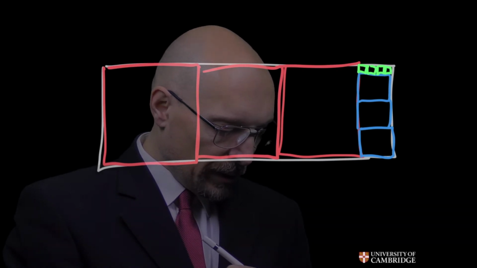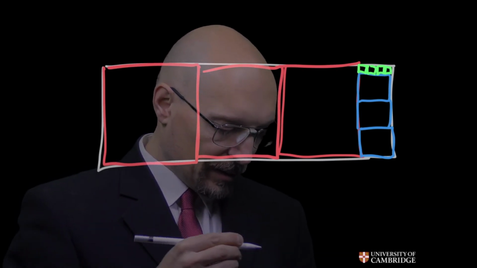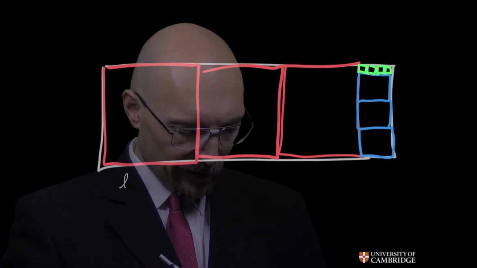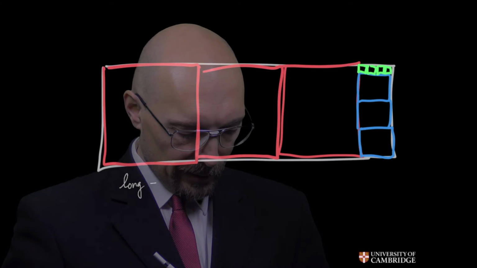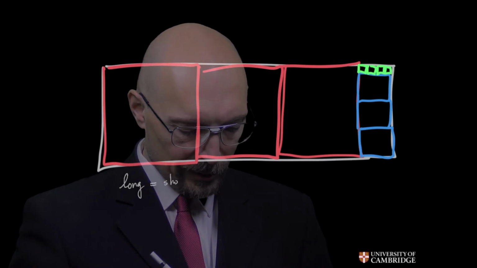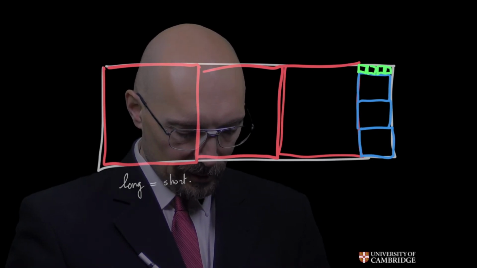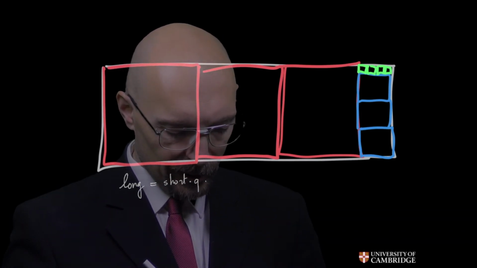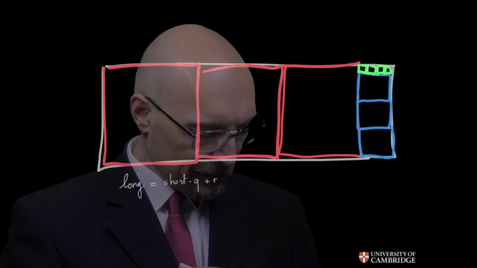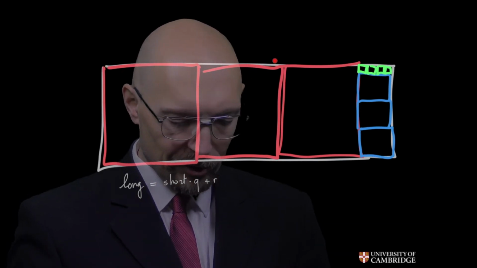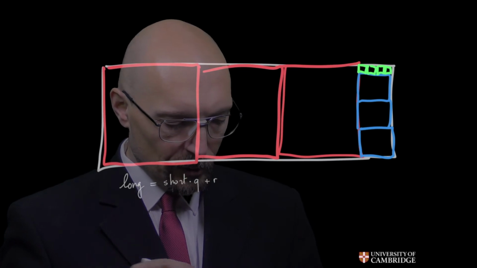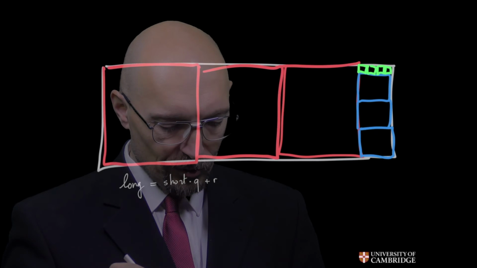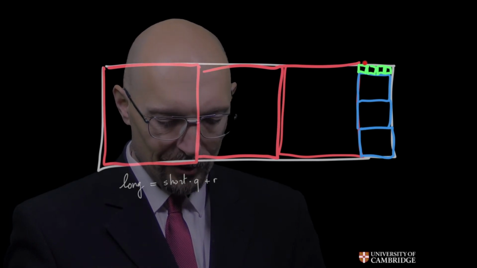You repeatedly exercise this operation of having a long side expressed as the short side times a quotient, which is the number of large tiles I managed to fit in, plus some remainder. So the long side is equal to the short side, which is the side of this square, times the number of squares q plus this remainder.